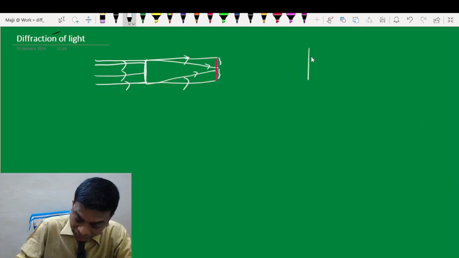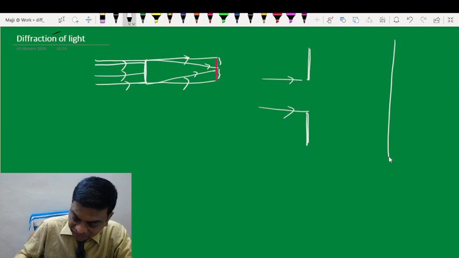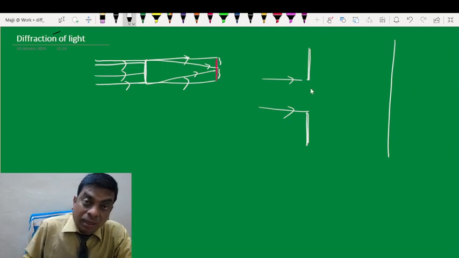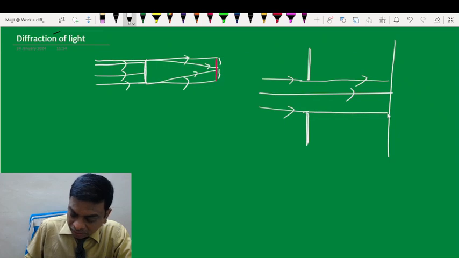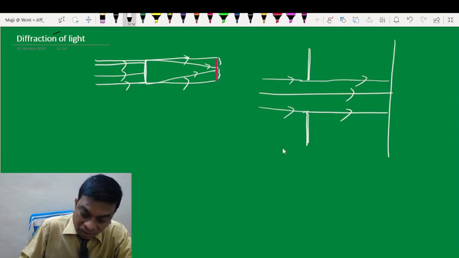Similarly, let us say students, there is an opening here. Okay, there is an opening here, light rays are coming like this. Suppose you place a screen somewhere here, then as per the principle of rectilinear propagation of light, what should happen? Light rays must straight away pass undeviated, isn't it? They must pass undeviated. But actually what happens?